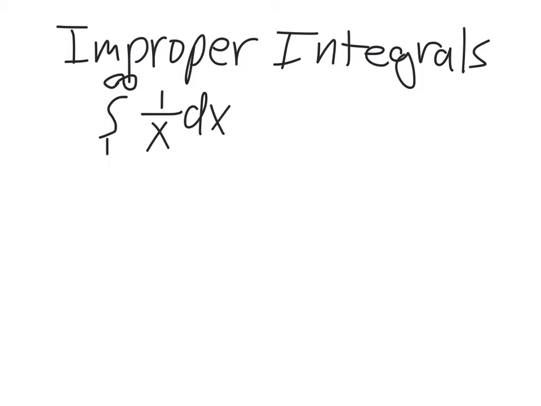Technically, our integral limits cannot be infinity, so we would have to say, let's take the limit as b, we'll allow b to be some value, approaches infinity of the integral from 1 to b.